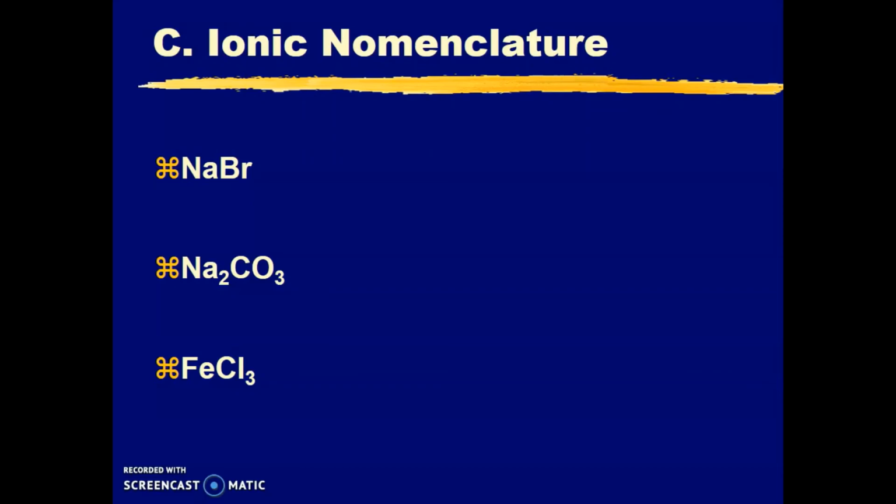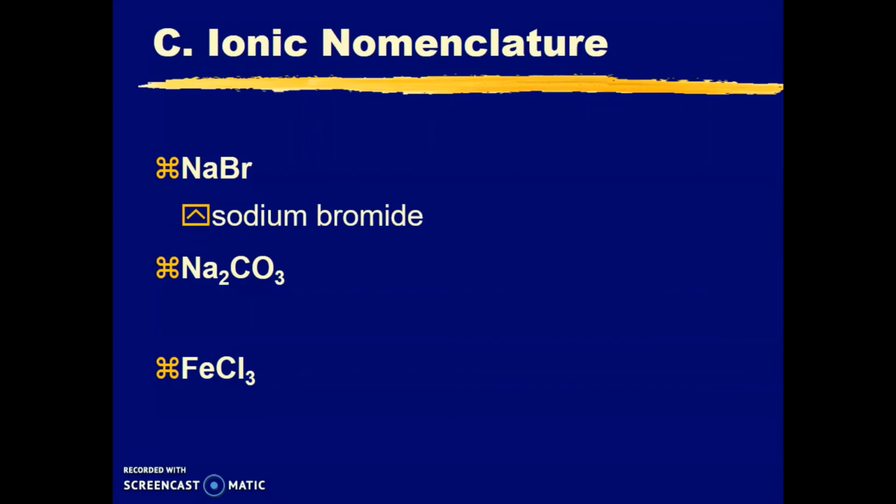Sodium is in the first column, so that means it follows that regular charge pattern. I don't have to use a Roman numeral. The second element is Br, that's bromine. And since I have only 2 elements, I'm going to change the ending to IDE. So it's going to become sodium bromide.